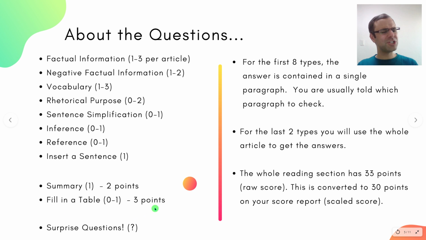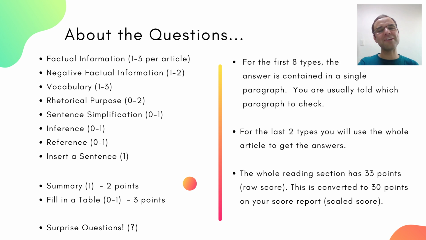The last question type, which is very, very uncommon these days, but still shows up now and again, is called the fill in a table type. This is like a categorization question. Like if the article is about animals with 2 legs and animals with 4 legs, the question will give you like 7 animals.